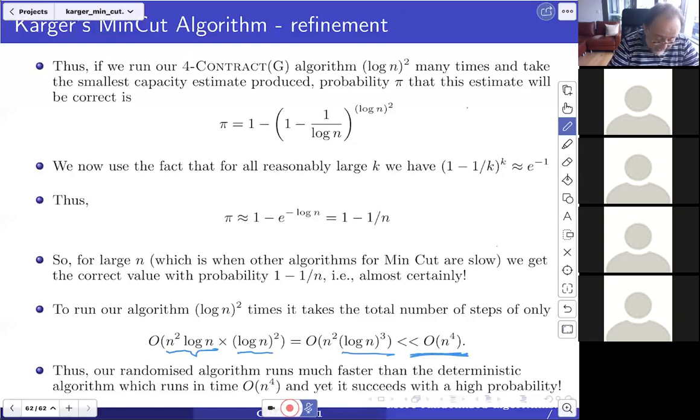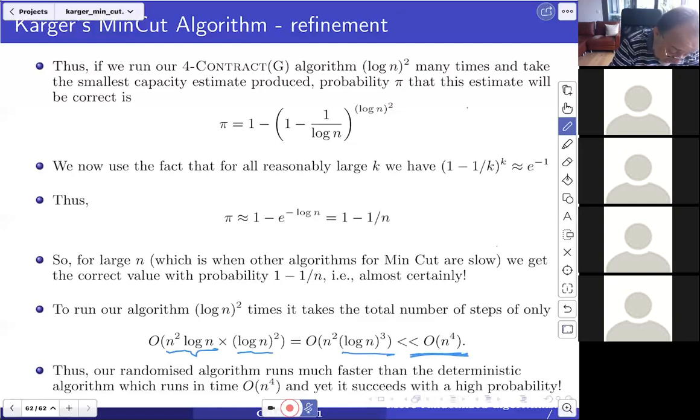So to amplify the probability, he repeats the basic algorithm of partial collapse 4 times, because now you have 4 branches, each succeeding with probability 1/4. So you compensate for the drop in probability of success by repeating the algorithm 4 times. And you keep doing it recursively.